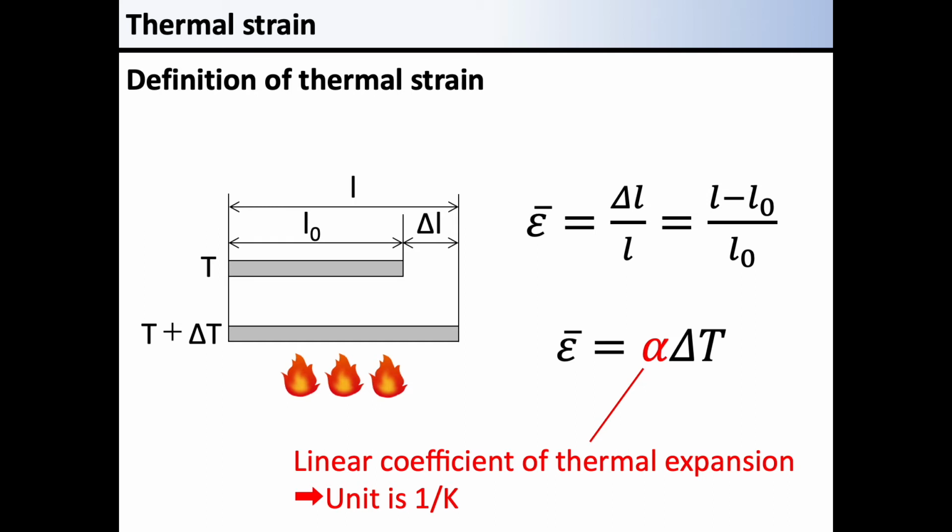As you can see from the equation, strain epsilon is a dimensionless value. For example, if this value is 0.1, it means 10% of elongation. This is what the word dimensionless means. On the other hand, the right of the equation includes delta T, temperature change. Considering its unit is Kelvin, the linear coefficient of thermal expansion alpha is given with the unit of 1 over Kelvin.